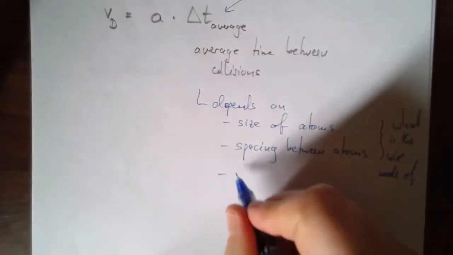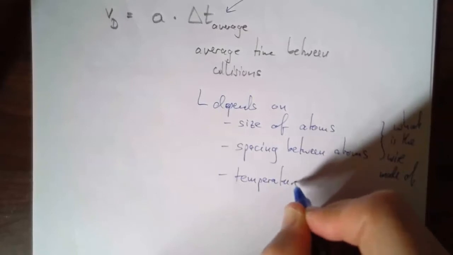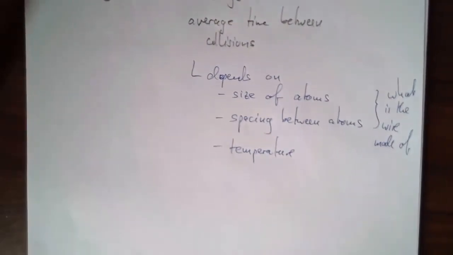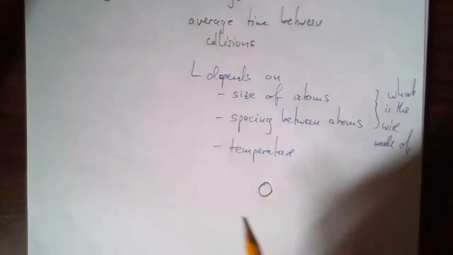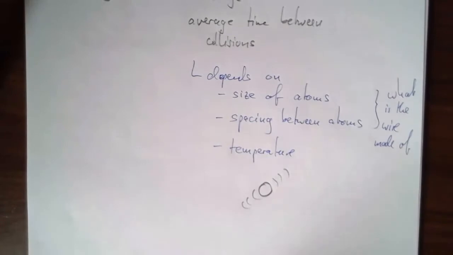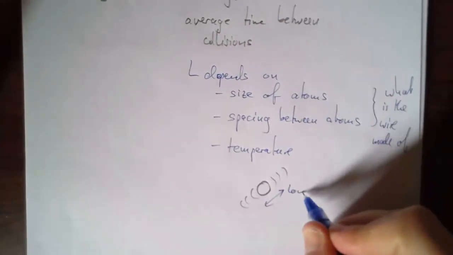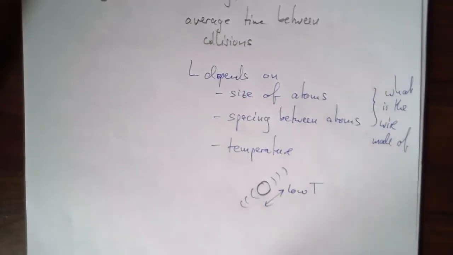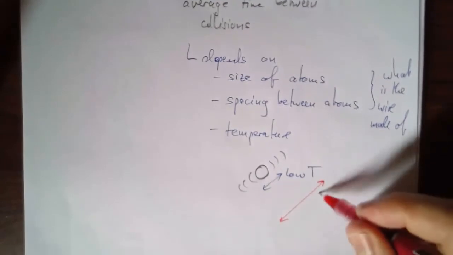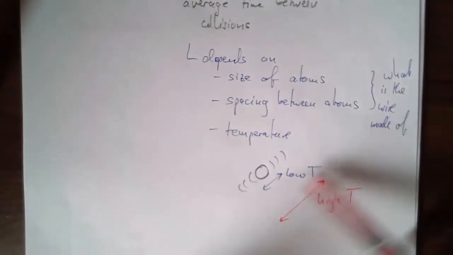Another thing it depends on, though, is the temperature. The bigger the temperature, the more an atom jiggles. So here's my atomic nucleus. It jiggles this way and this way, back and forth. If it's a low temperature, it does this. If it's a high temperature, it might do something like this, and it jiggles very fast back and forth.